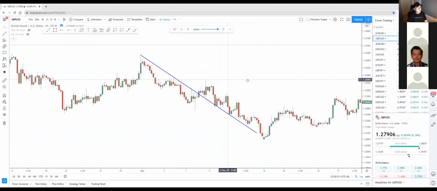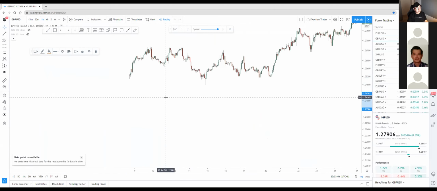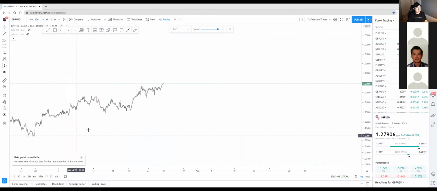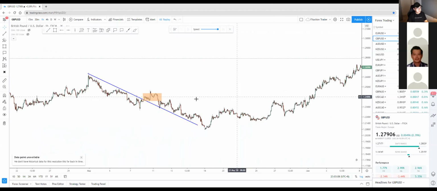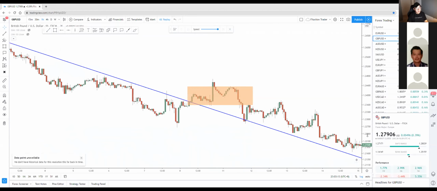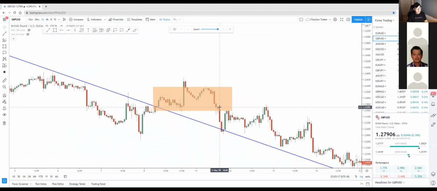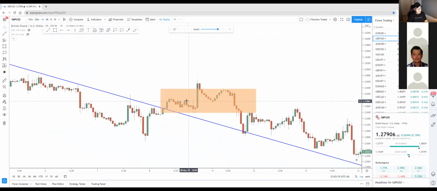And we see that after the breakout, probably there is a buy signal here. Let me go to H1. Probably there's a buy signal here because of the breakout. Okay, there is a buy signal here. There's a buy signal here.